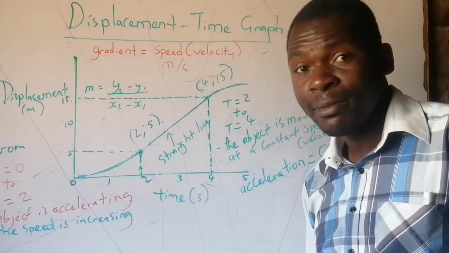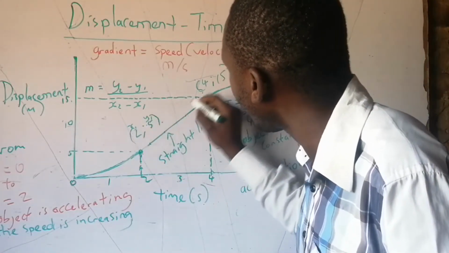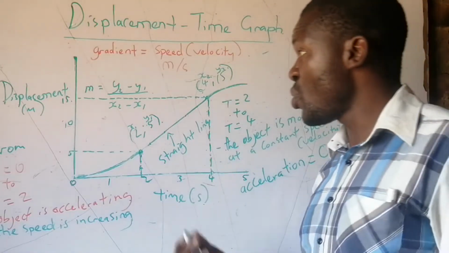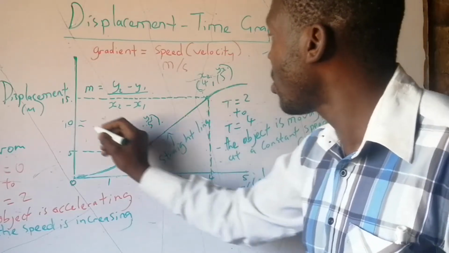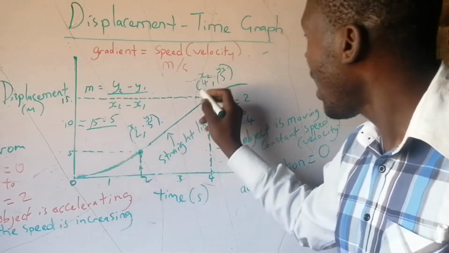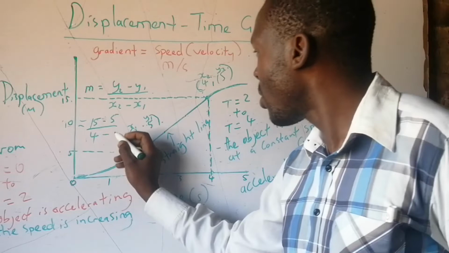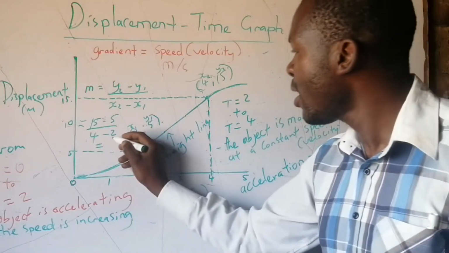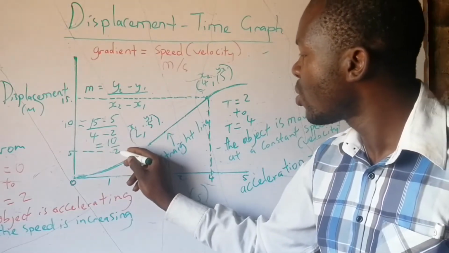You can name your coordinates x1, y1, x2, y2, and do the substitution. y2 is equal to 15, y1 is equal to 5, over x2 is equal to 4 minus x1 is equal to 2. 15 minus 5 is 10 and 4 minus 2 is 2.